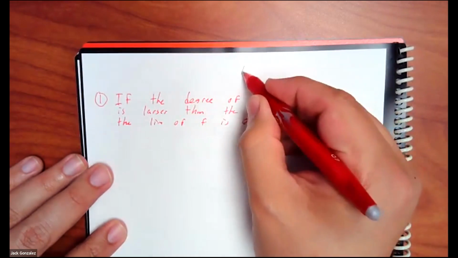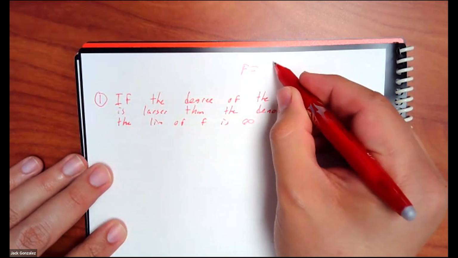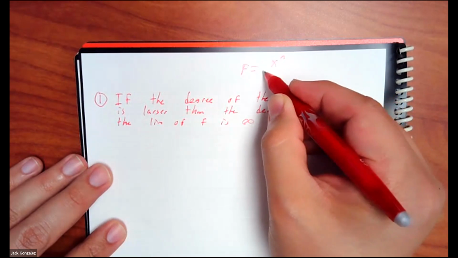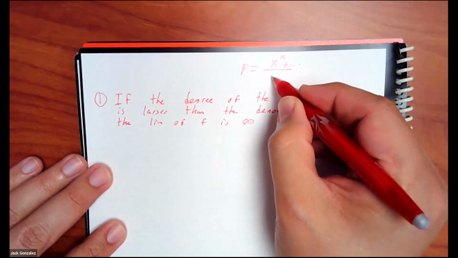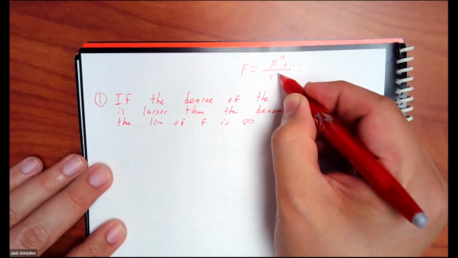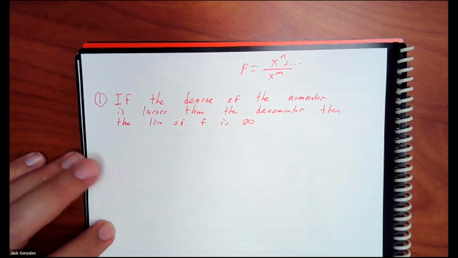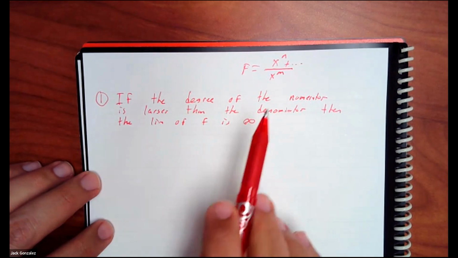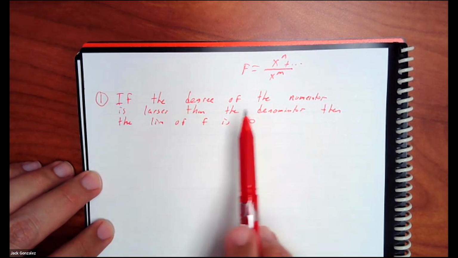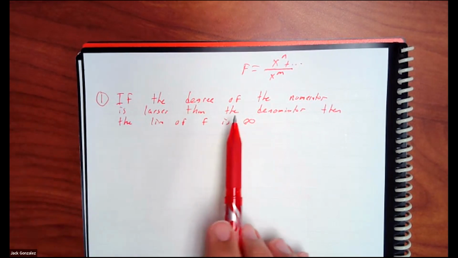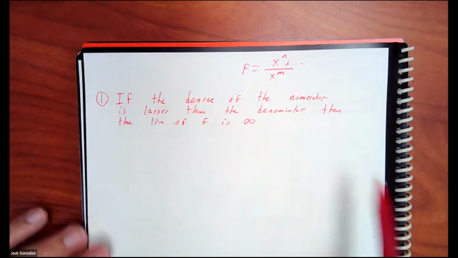So let's say my f function is some x to the n plus whatever over some x to the m. So if the degree of the top is bigger, you're going to get this. That's what I mean by degree, and that's the f I'm picturing.